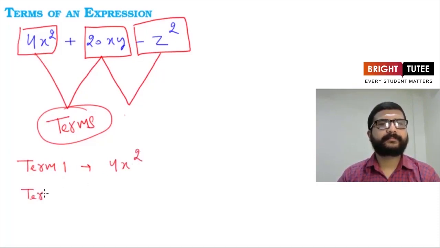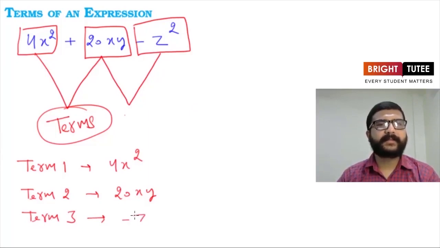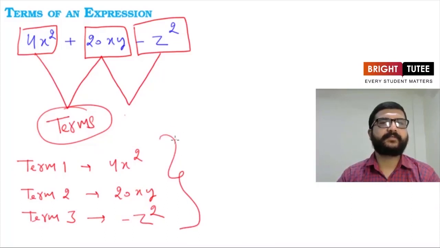Term 2, it is 20xy, and term 3, there are total 3 terms. Term 3 is minus z square. We always have to consider this minus also while writing terms. So these are the 3 terms of the above algebraic expression.